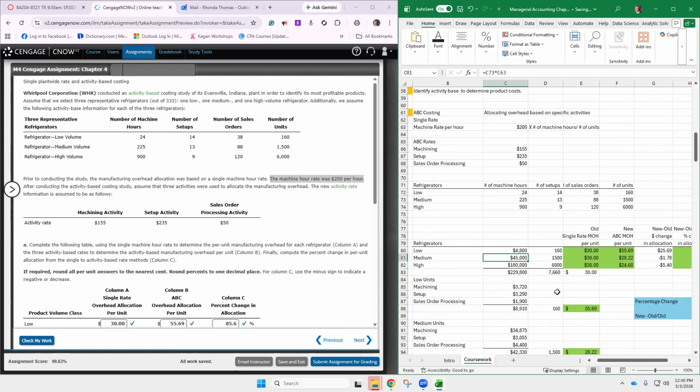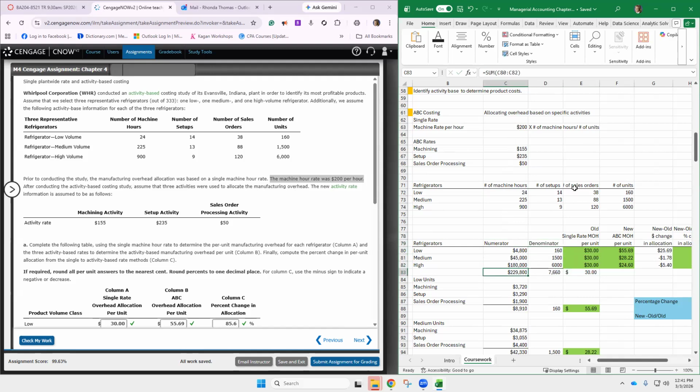I am fleshing this one out to help you understand where I'm getting the numbers. So one more time, 24 hours times the $200 rate. And then there's the number of units. When you divide, here's your numerator, here's the denominator. When you do the division, they all come out to 30.